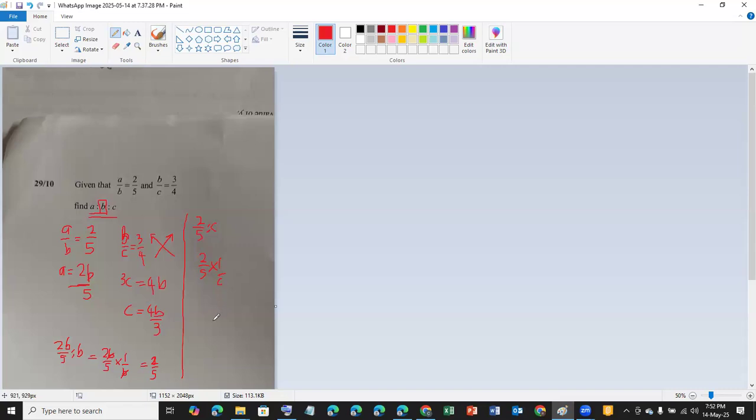An inversion simply means whatever is the denominator becomes the numerator, and vice versa. So I have 2 over 5. 1 over C means 3 will go up and 4B will come down. So that's going to be times 3 over 4B.